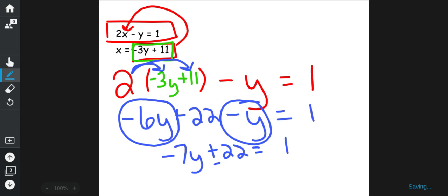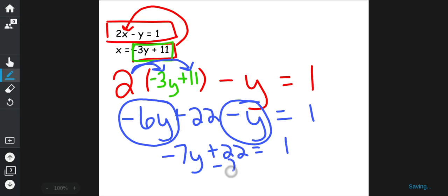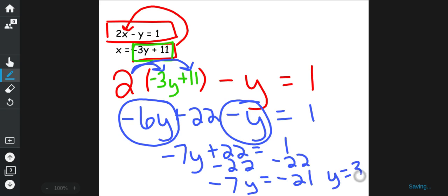I'm going to subtract 22 from both sides. Okay, and then I'm left with -7y equals -21. Divide by -7 and you get y is 3.